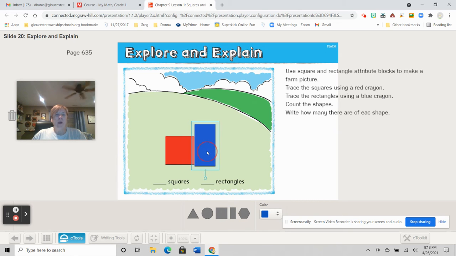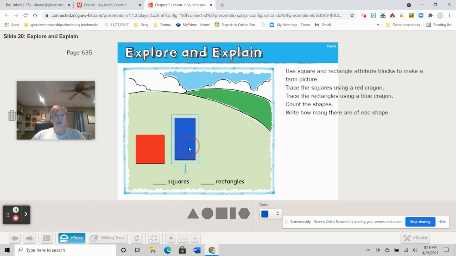Now, keep in mind, they are telling you only the two shapes that you can use. You should not be using any other shape other than a square and a rectangle. And after you finish drawing your farm with those shapes, it doesn't have to be a barn. Maybe it's a fence. Maybe it's, I don't know, a silo. You know what a silo is? That's where it holds all the grain. Okay, you could do something like that.